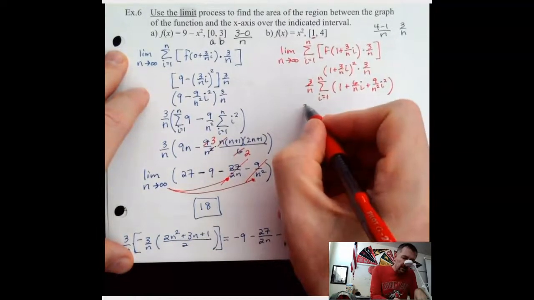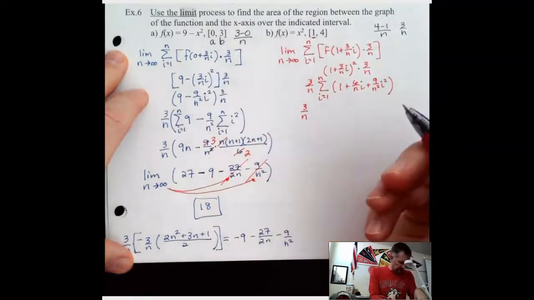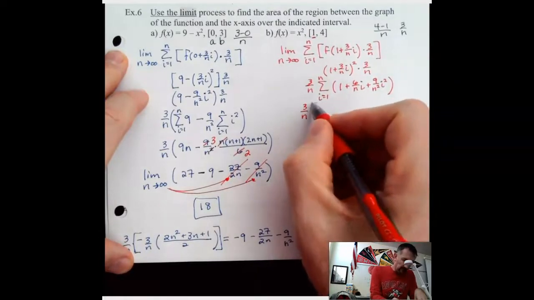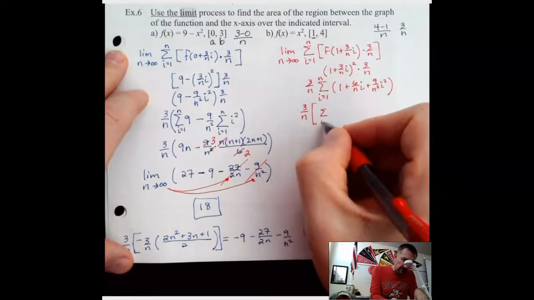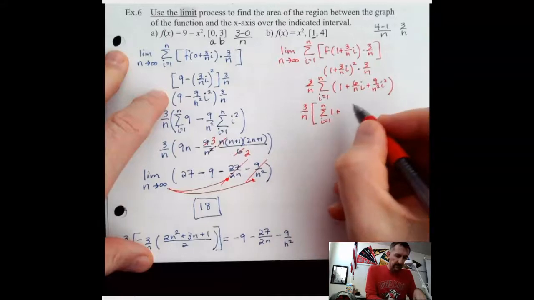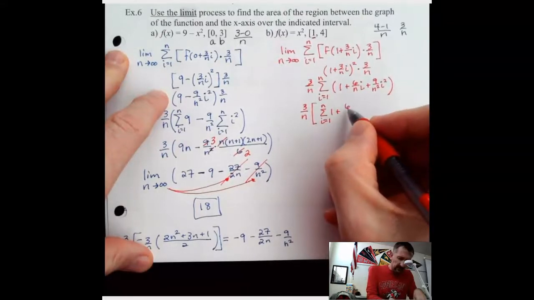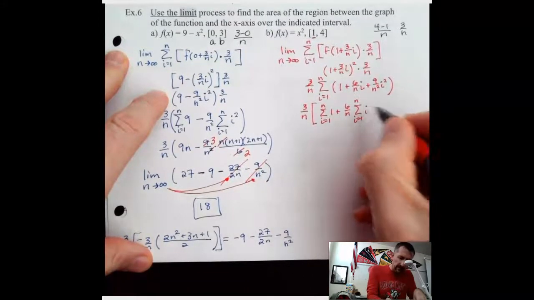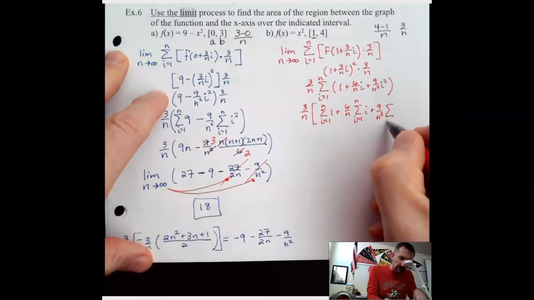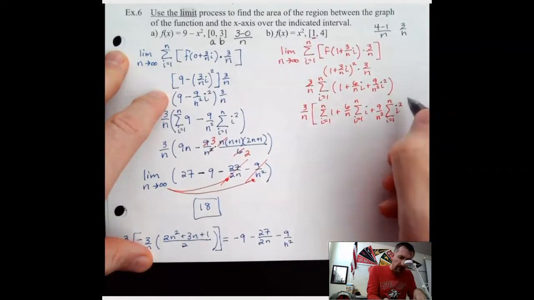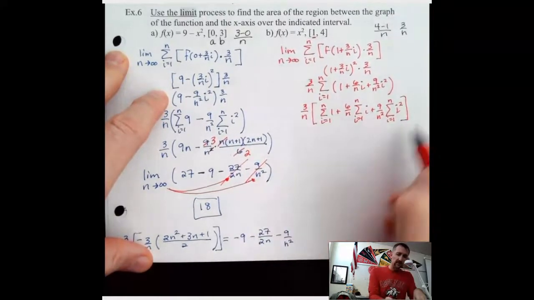So the next step would be to separate out those sigmas. So we're going to have sigma 1 to n of 1 plus, and we're going to factor out that 6 over n right there, and sigma 1 to n of i, and I could use parentheses there.